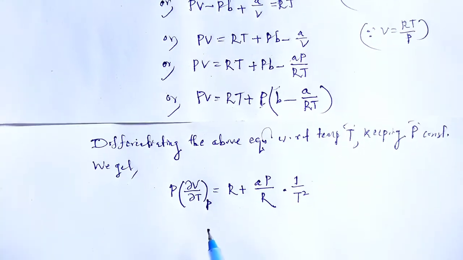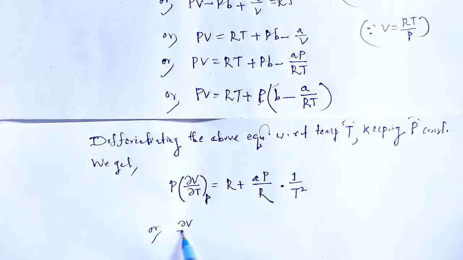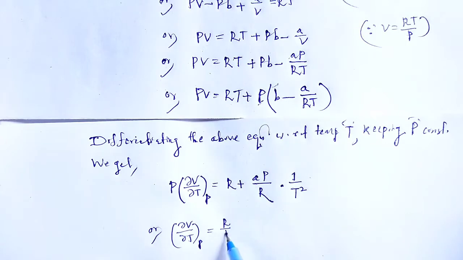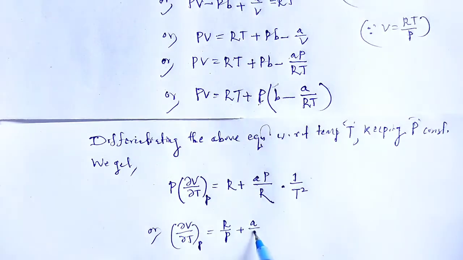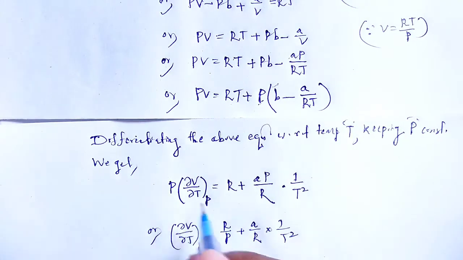Is equal to del V by del T at constant pressure, that is R by P plus A by R into 1 by T square, that P is divided.